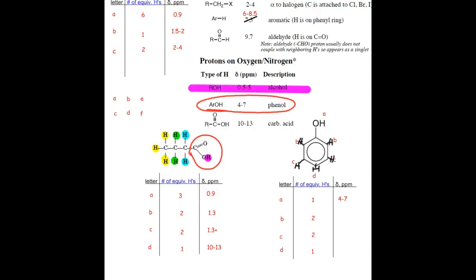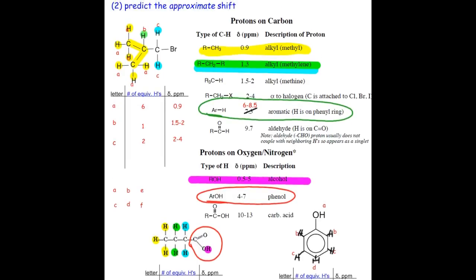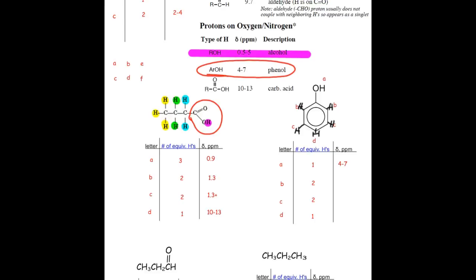B, C, and D are aromatic or a benzene ring, or they're calling it a phenyl ring. It's a synonym, between 6 and 8.5. And again, the one that's closest to the OH, I gave it an 8.5 plus.